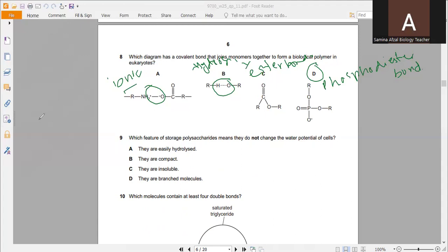Now, question number 9. Which feature of storage polysaccharides means they do not change the water potential of cells? Option A: they are easily hydrolyzed. Hydrolyzed means they are broken down.